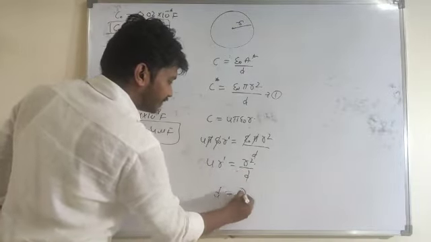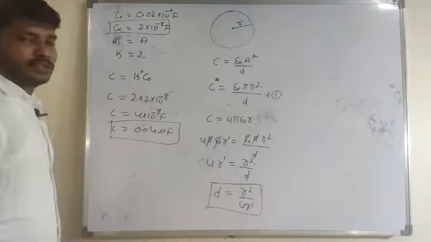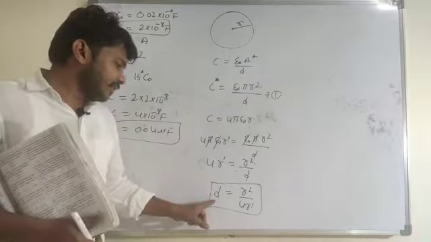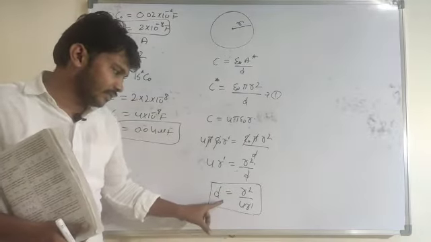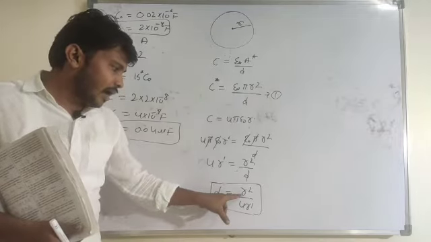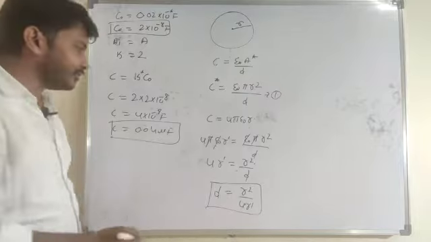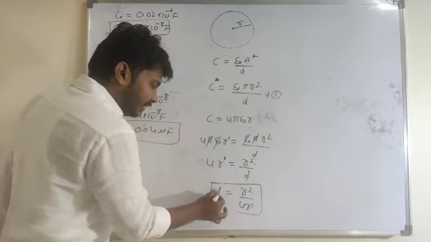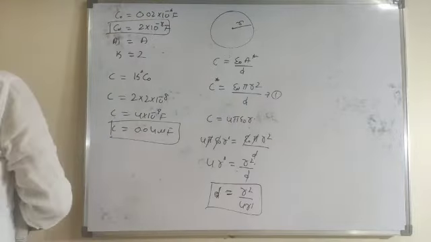So distance d is equal to r square divided by 4r dash. What's the answer here? The distance between the plates, d, is equal to r square divided by 4r dash, where the sphere has radius r dash.